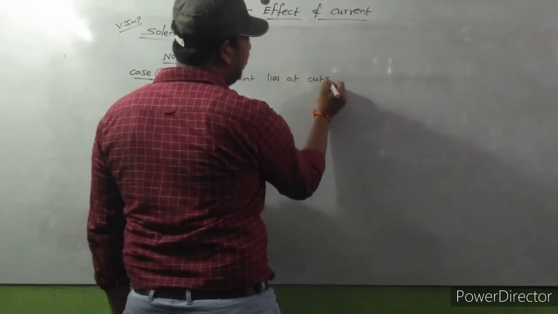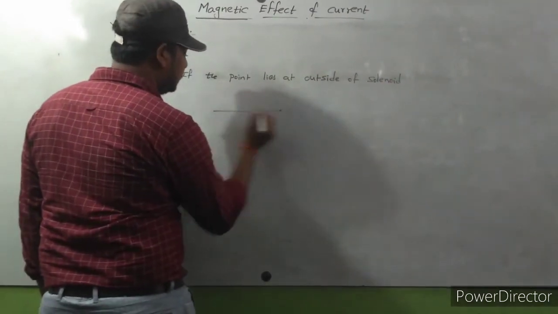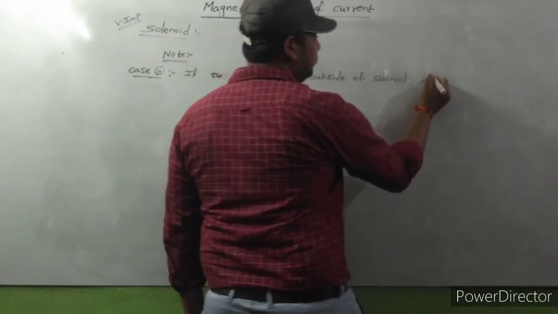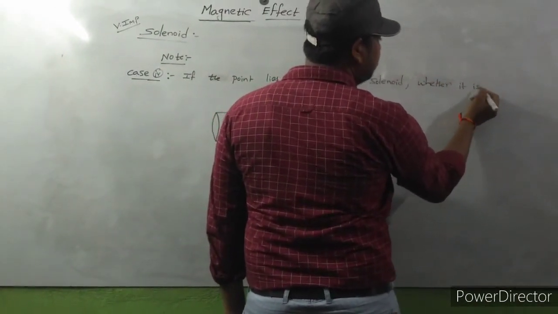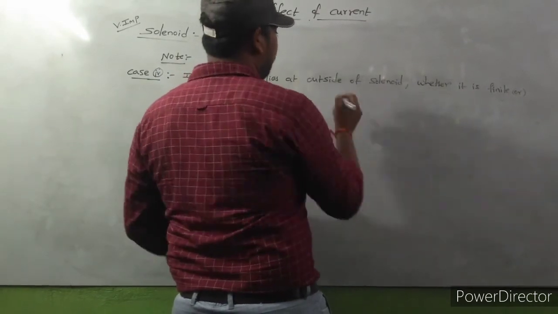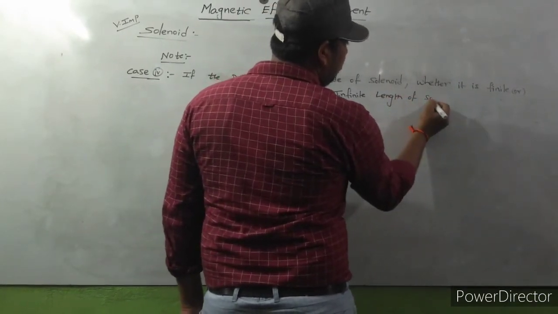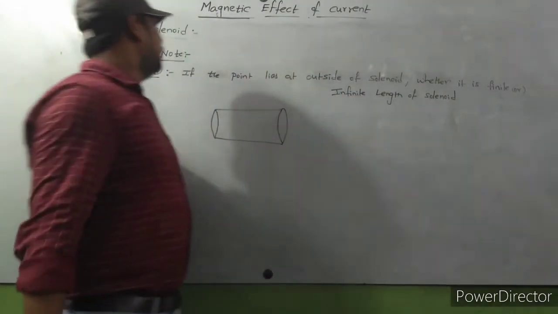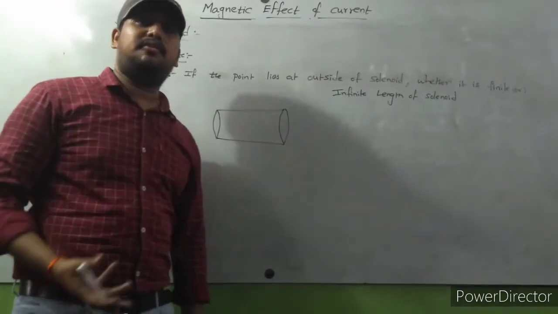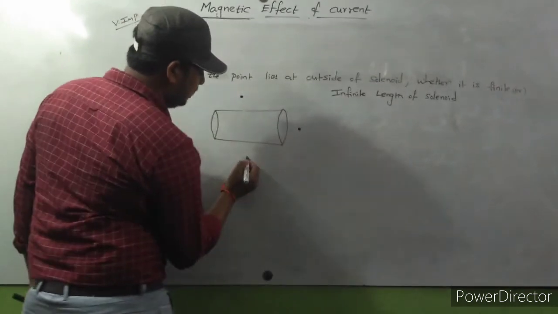If the point lies outside of the solenoid, whether it is a finite or infinite length of solenoid, made with finite length of wire or infinite length of wire, the point may lie here or here, anywhere.